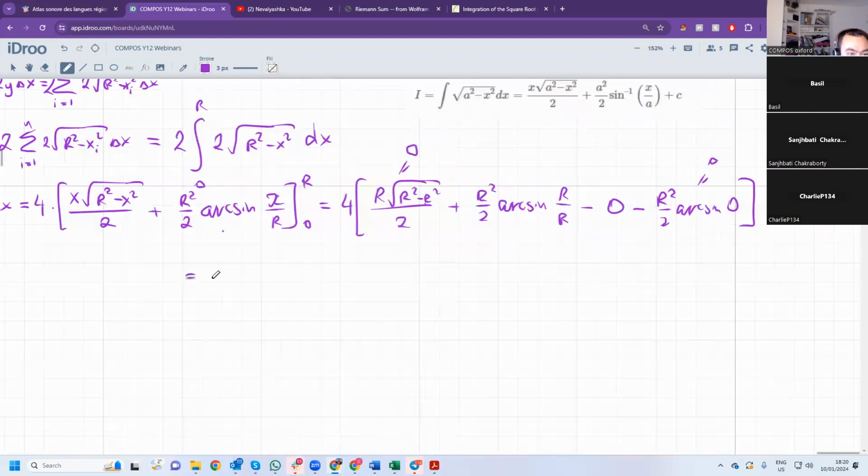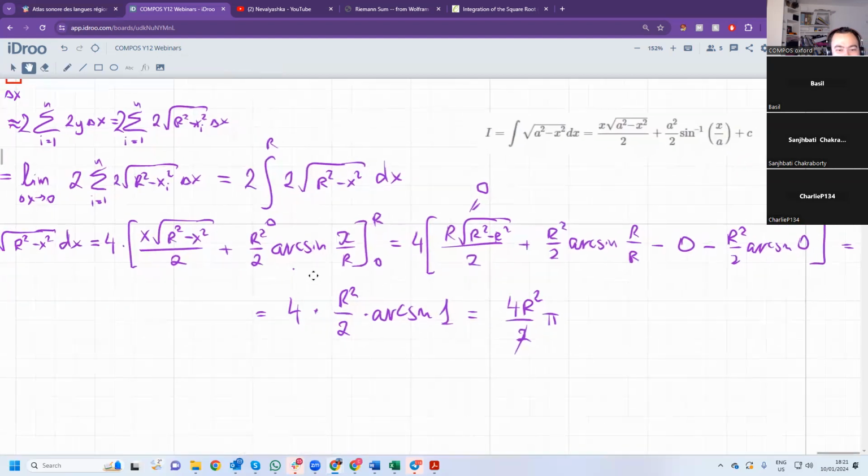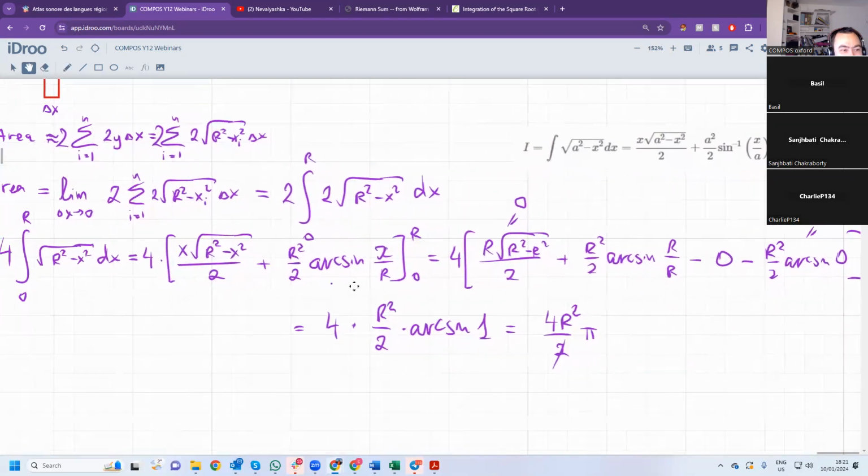So we're left with 4 multiplied by r squared over 2 multiplied by arc sine 1. And arc sine 1 is pi. So it's 4r squared over 2 pi. Where did I mess up?